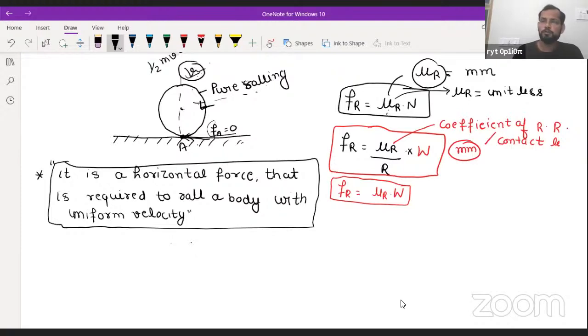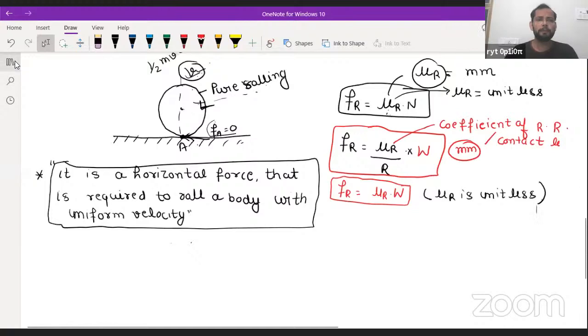Okay. So I hope there is no doubt. I am mentioning here when mu r is unitless. Okay. Fine. If it is clear to all of you, then we are going to the application part of the friction.